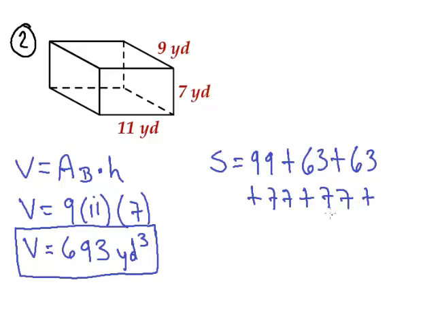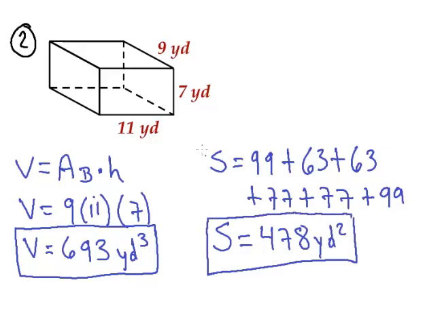Plus, the last one will be the top. And the top is, well, this side measures the same as this one, which is 11. And I have the 9 in here already. It's 11 times 9. 11 times 9 will be 99. So we just need to add those 6 faces. And if I add them, the answer will be 478 square yards.